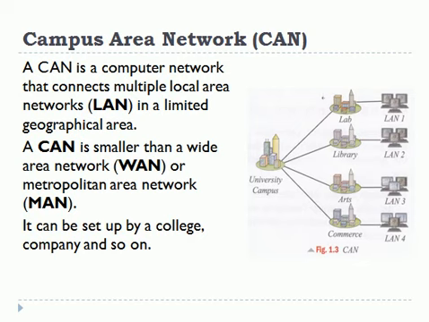If we connect a local area network in the computer lab, and likewise create a network in the science lab, and both labs are connected with each other, that may be considered a CAN. It is always larger than a LAN and smaller than a MAN or WAN. It can be set up by a college, company, and so on.